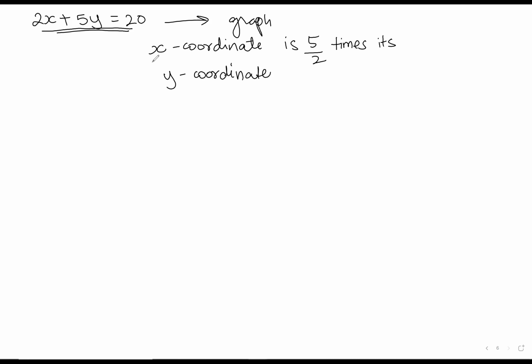So the question says that this is an equation, and it's going to have a whole line. You can plot this equation into a line. Let me just roughly draw the line.